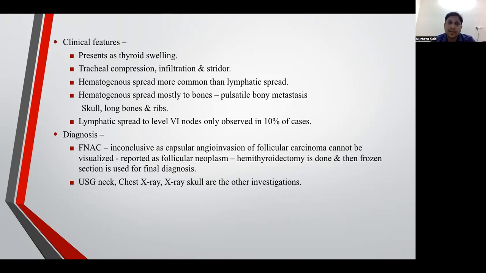Hematogenous spread is mostly to the bones, with lytic bony metastasis to the skull, long bones, and ribs. Lymphatic spread to the level 6 nodes is observed in only 10% of cases. These are broadly the clinical features; the main ones are tracheal compression and stridor.